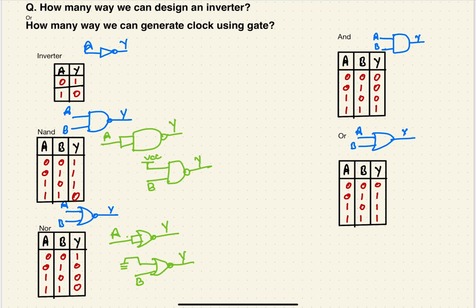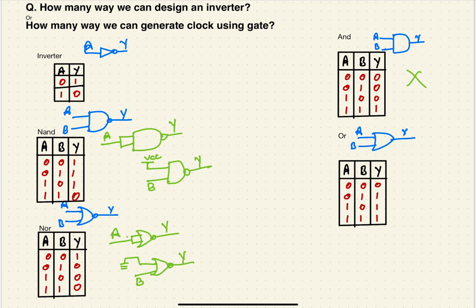If you talk about the AND gate, this is the truth table of AND gate, and this is the symbol of the AND gate. We can't see any combination for the inverter. If both are 0, then it is 0, and if both are 1, it is 1, and no other combination shows inverter property. So it is not possible to make an inverter with the AND gate.